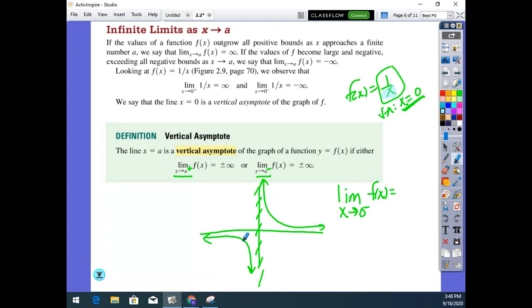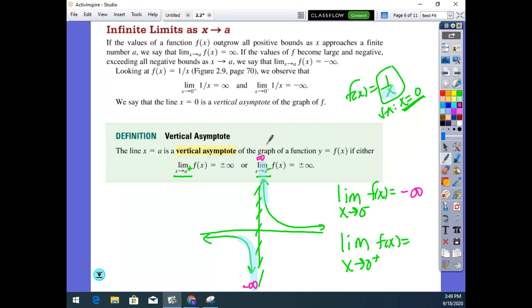If we trace it on the left side of 0, notice that it's going all the way down to negative infinity. Now let's also consider the limit as x approaches 0 from the right. If I go to the right side of this asymptote, this is going up to positive infinity.